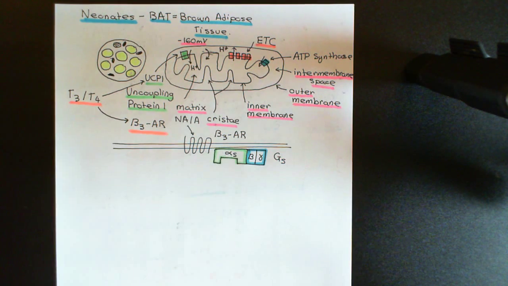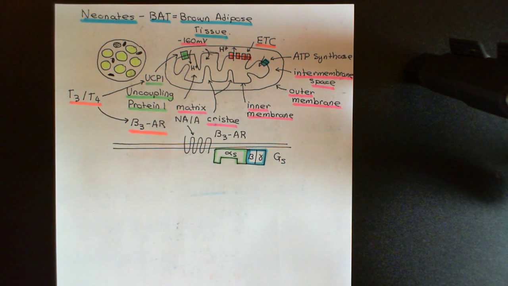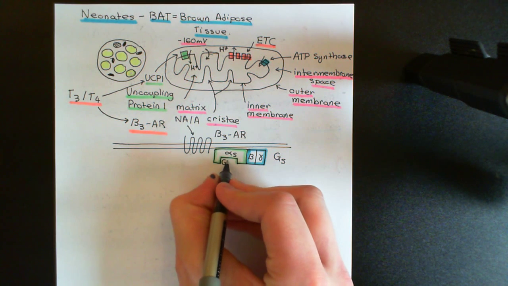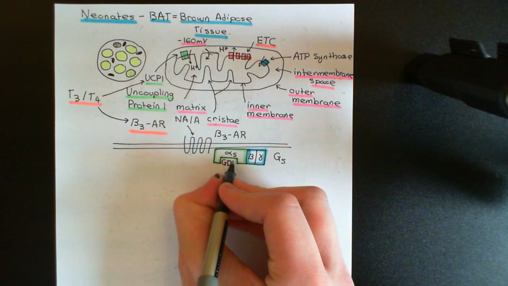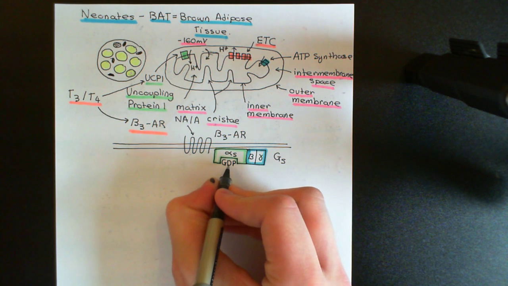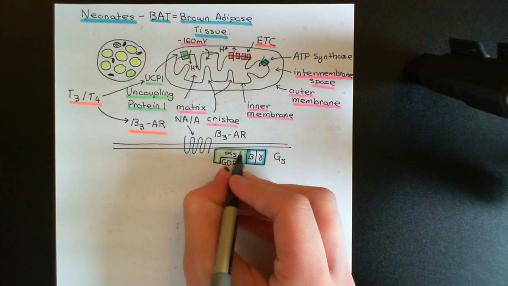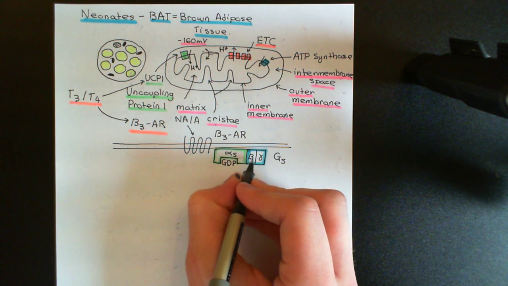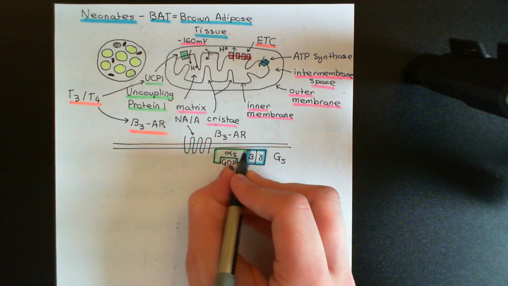So, GS heterotrimeric G proteins have two states. They have an on state and an off state. Initially it's going to be in the off state, and in the off state the alpha subunit has a GDP molecule, guanosine diphosphate, bound to it. When the alpha S subunit has GDP bound to it, it likes to bind to the beta and gamma subunits.